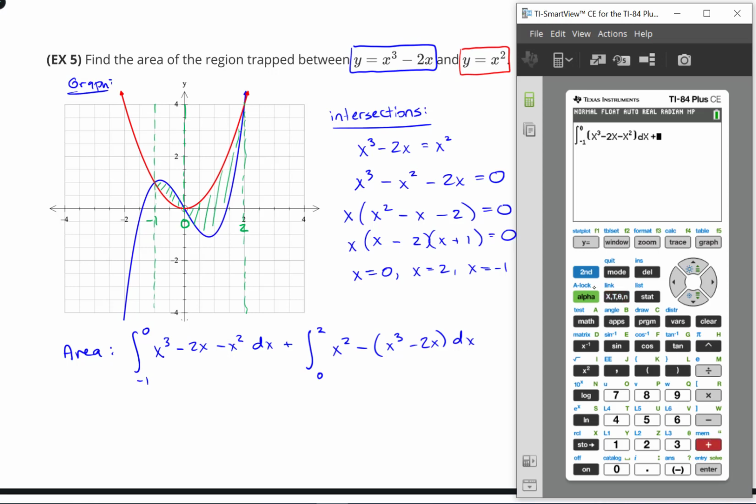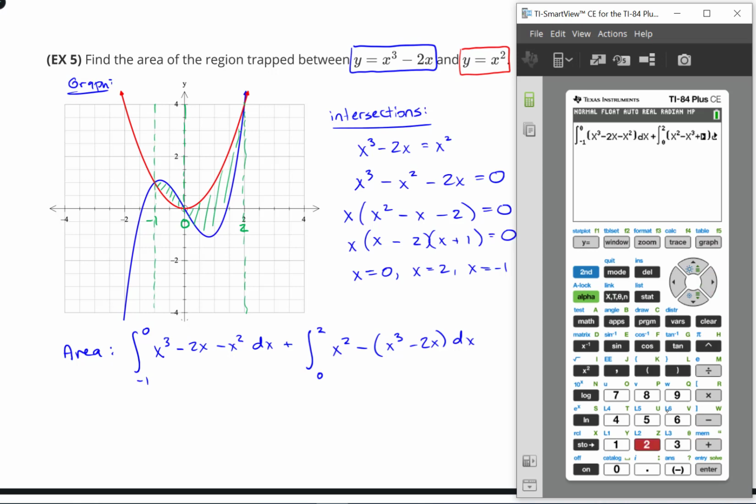Then I'm adding to that another integral from 0 up to 2 of x squared. And I could use these parentheses, or I could just mentally distribute that negative, whichever is better for you. It's fine by me.